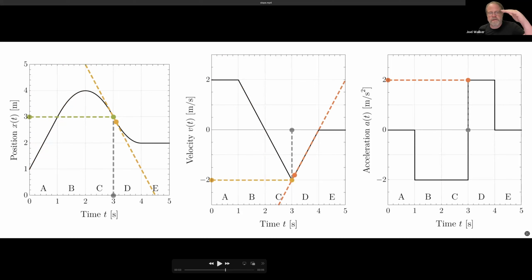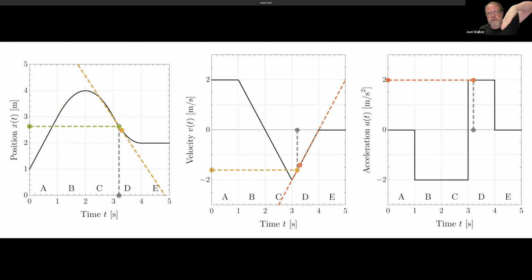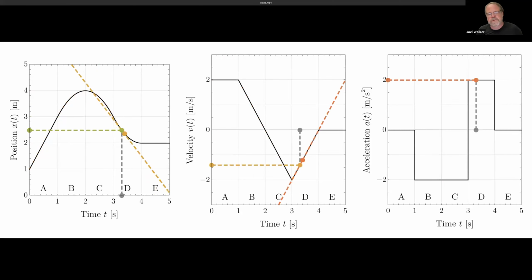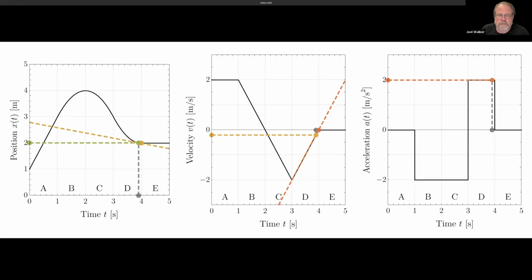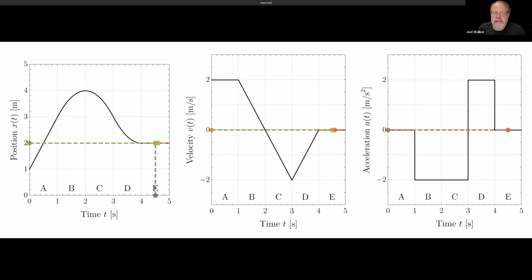In segment D, we're still moving backwards, but we've got the brakes on. We started off with a negative slope, and that slope tends up to 0 at the end of segment D. In segment E, we maintain the 0 velocity. We maintain a position of 2, and the velocity is constant with the value of 0 all through segment E.